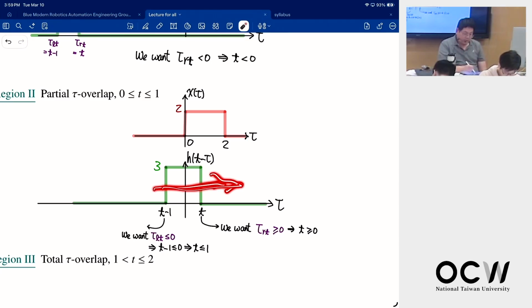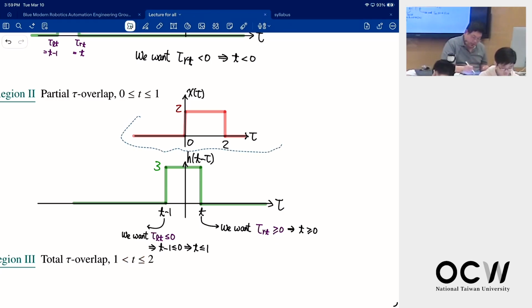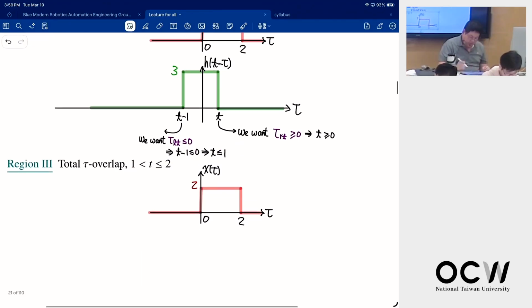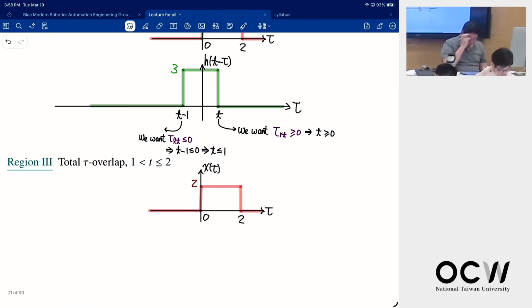Then when they move, we may have a total overlap, the total tau overlap, which happens for t between 1 and 2. Let's see why. Total overlap means that my h, this signal, is inside the x.